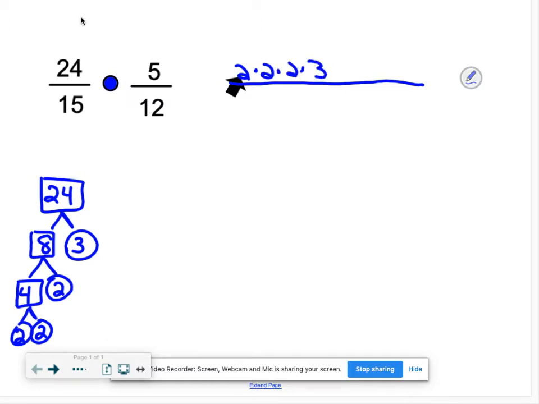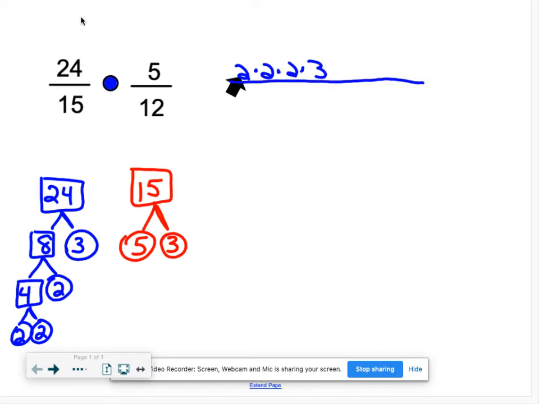So now let's prime factor our number 15, which is in the denominator of the first fraction. 15 prime factors into 5 times 3. Both 5 and 3 are prime numbers.